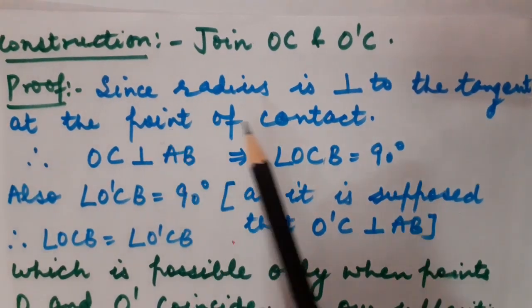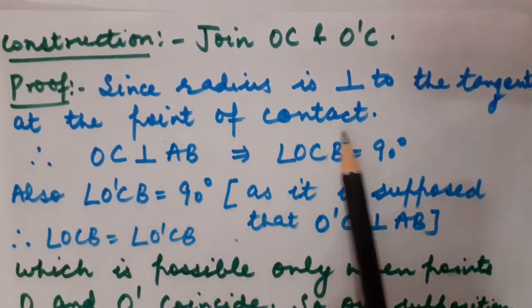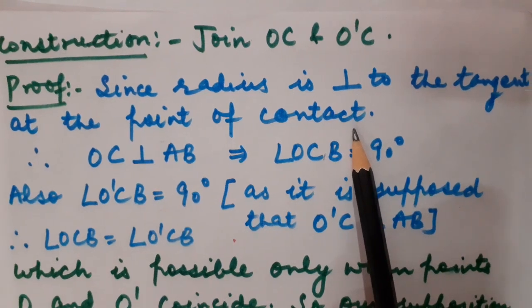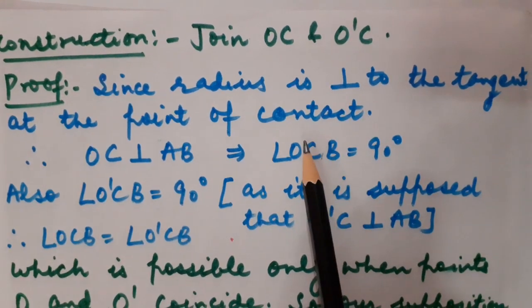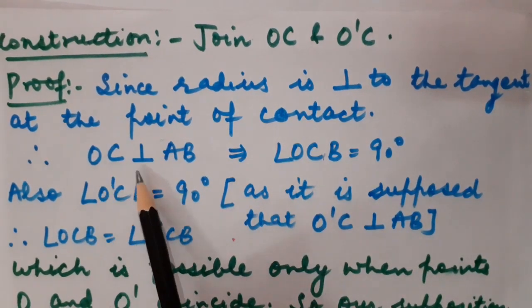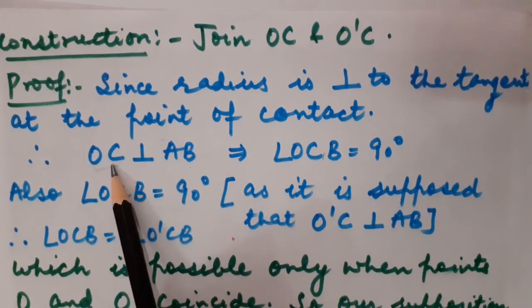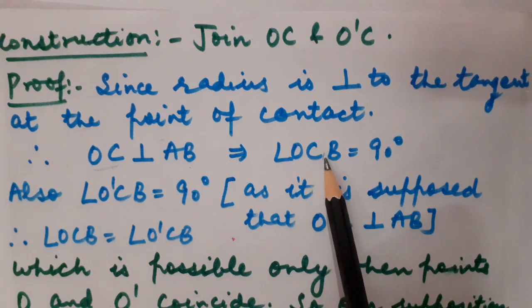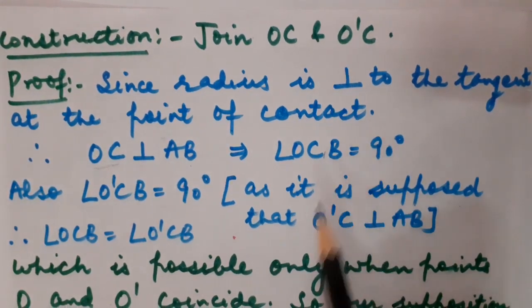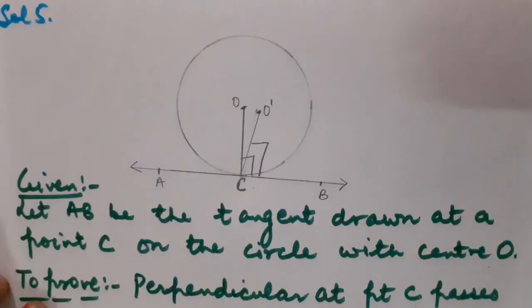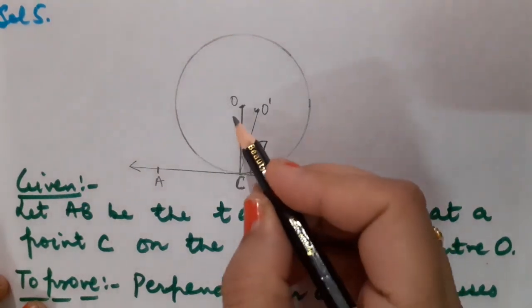Children, as you know that the radius is perpendicular to the tangent at the point of contact according to theorem 10.1. So what can I say? That OC must be perpendicular to AB. Why? Because OC is the radius. So angle OCB must be equal to 90 degrees. Fine, children? Just look here. This is OC.